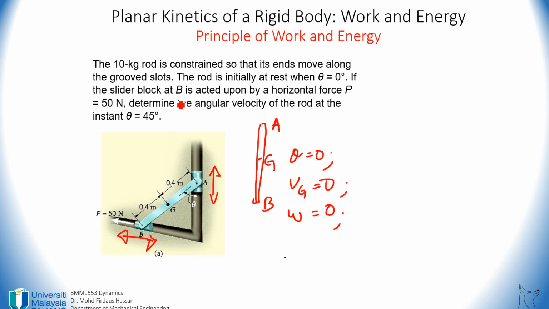If the slider block at B is acted upon by a horizontal force P to the left, determine the angular velocity. You have to find omega at point 2 of the rod at the instant theta is equal to 45 degree. Let's draw again. Let's say this is the initial position.